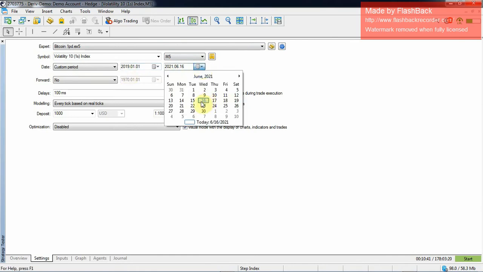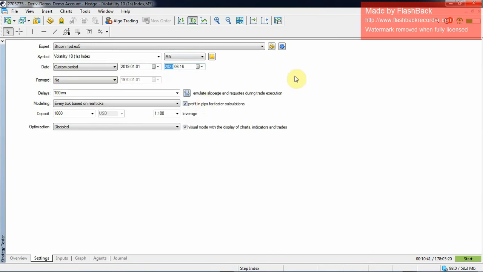That's where the backtest will end. The initial balance is 1000, in USD. So let's go ahead and start.